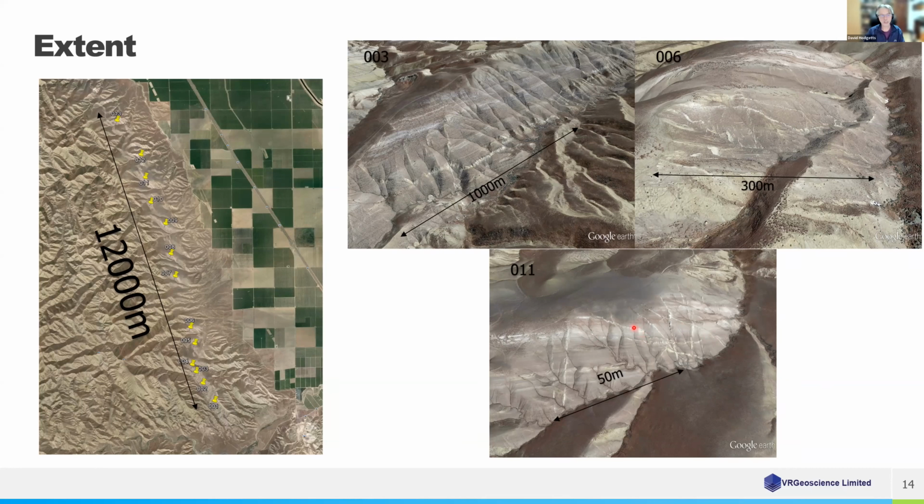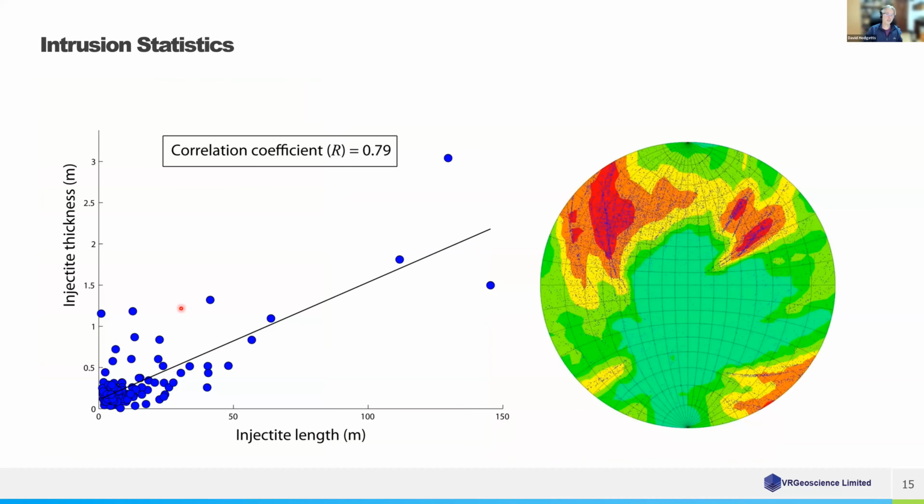And we did that by going in and measuring lots of statistics from them. So we can measure the orientation, the apparent or visible lengths, and the thicknesses, and we can start to plot all of those together. And then we can start to try and derive some statistics on the intrusions.